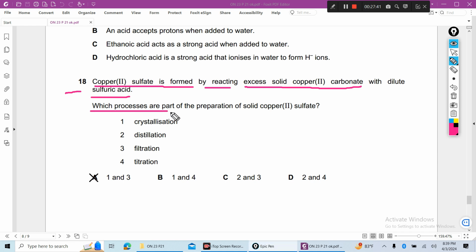Which processes are part of the preparation of solid copper(II) sulfate? Crystallization is needed, because after filtration the filtrate is heated to the crystallization point. Then filtration is needed to separate solid crystals. So answer 1 and 3, I mean A is the correct answer. Distillation is not needed here, titration is not needed, so those are wrong.